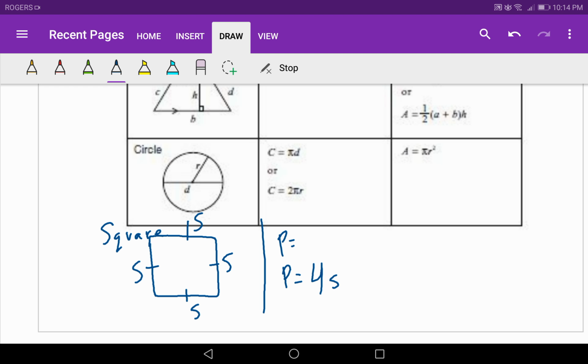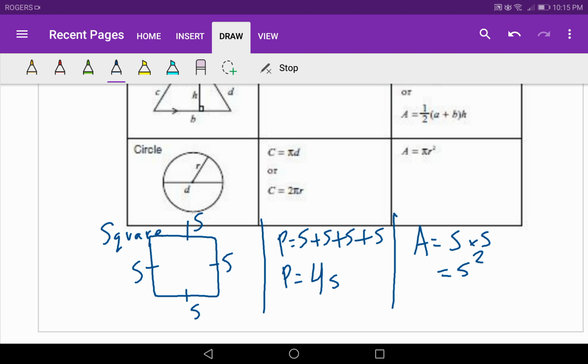All right, so it's like saying S plus S plus S plus S, but a short form version of that is 4 times S. The area, okay, the area, it's really just length times width, but because they're both S's, so it's S times S. So S times S, which is really just S squared, as you learned from Unit 5 polynomials.